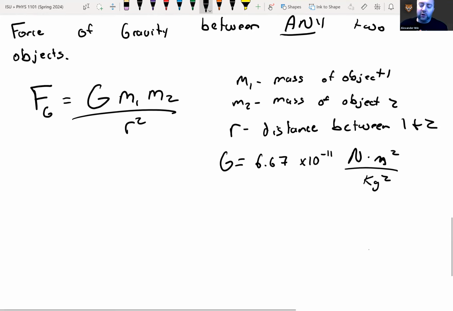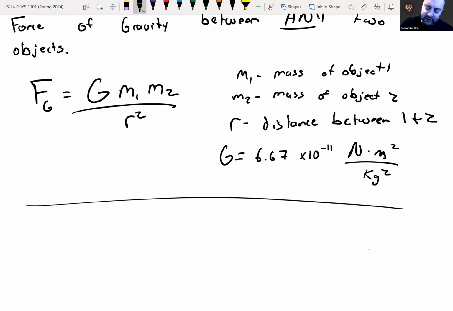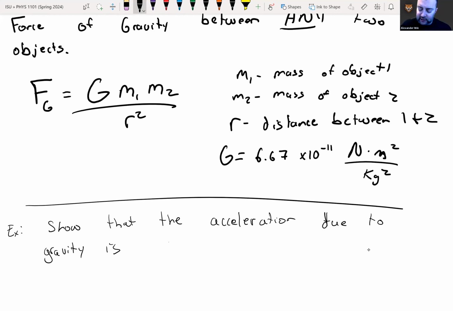All right. Now, I wanted to do a couple of examples with this. A common one is to show that the acceleration due to gravity is 9.81 meters per second squared using Newton's law of universal gravitation.